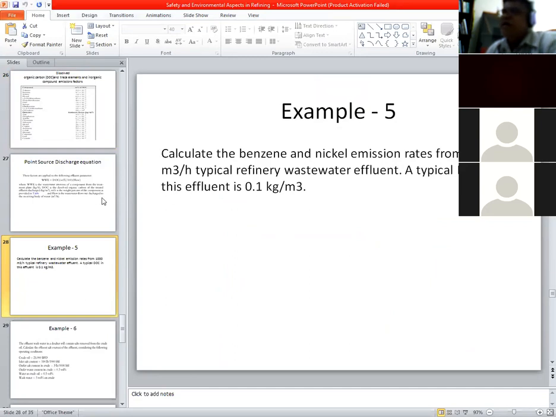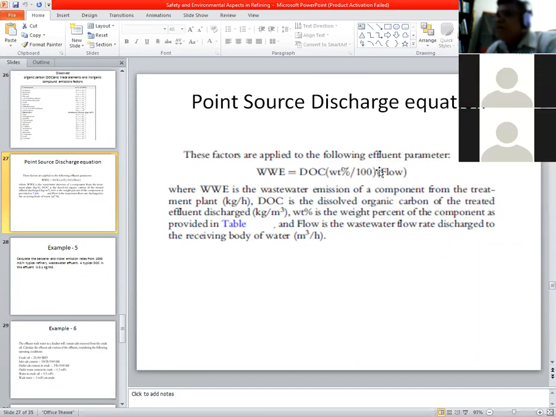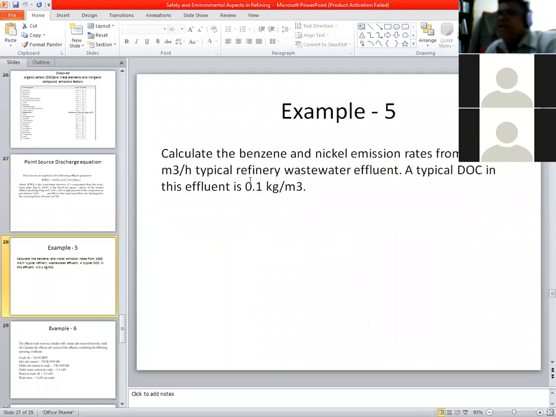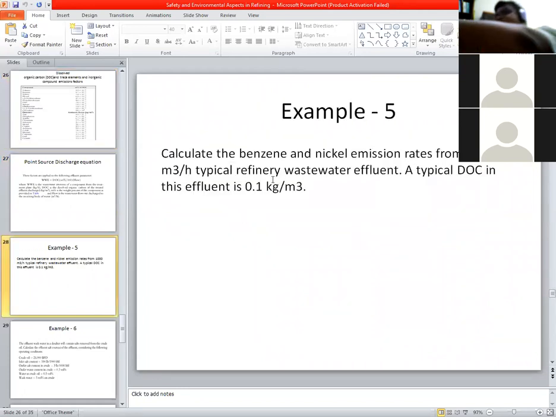Before that there is one more equation for wastewater. WWE stands for wastewater equivalent, equal to dissolved organic carbon weight percentage times 100 times flow. By using this equation and referring to this table, you can make this calculation. Very simple. You refer to the textbook, I think it will be easier.